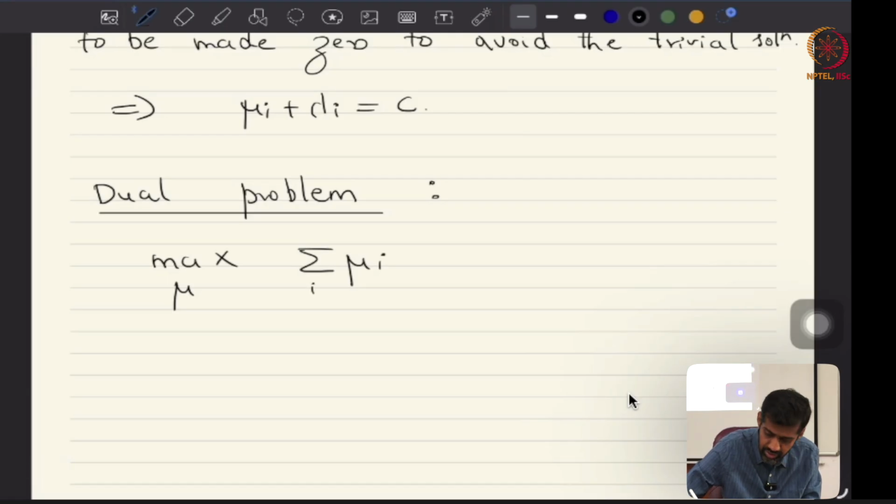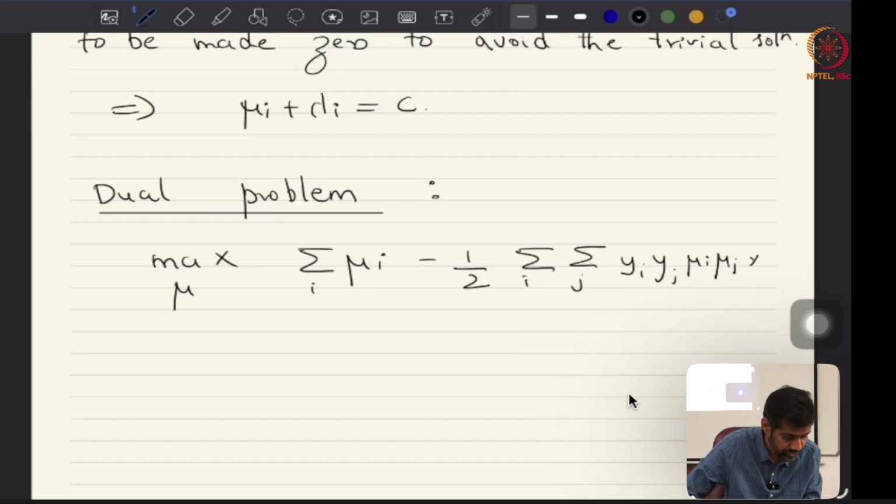which is minus half the sum over i, sum over j, y_i y_j mu_i mu_j x_i transpose x_j, such that mu_i is non-negative and lambda_i is also non-negative.